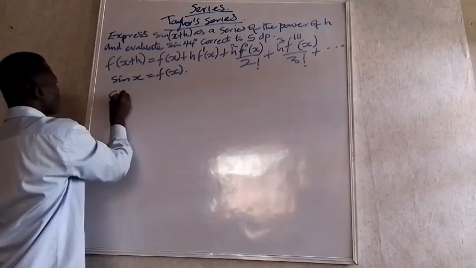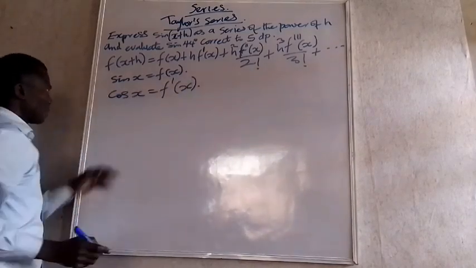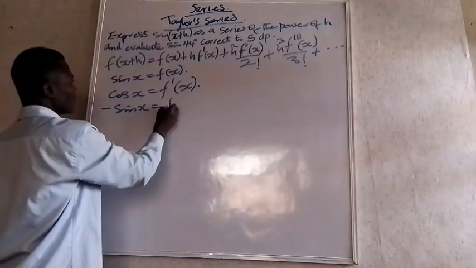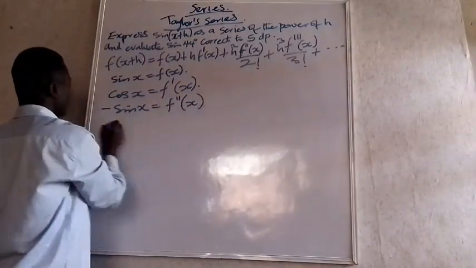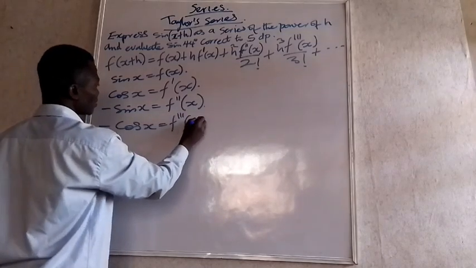Therefore, cos x is equal to what derivative of f(x)? We have minus sin x for the second derivative, minus cos x for the third derivative.